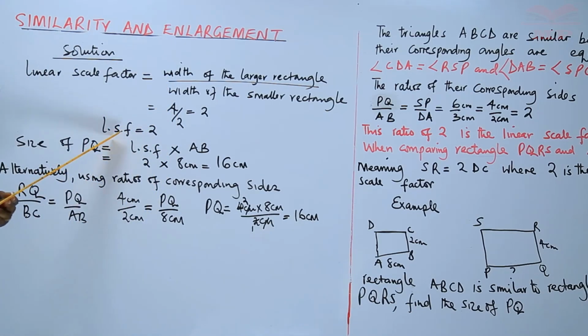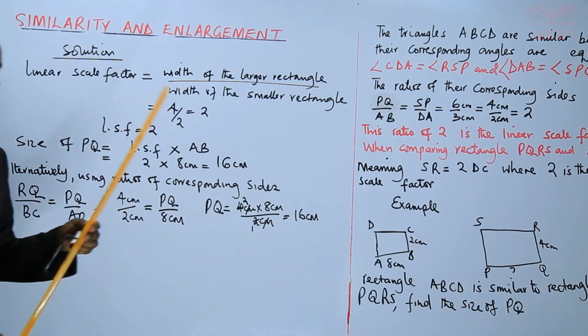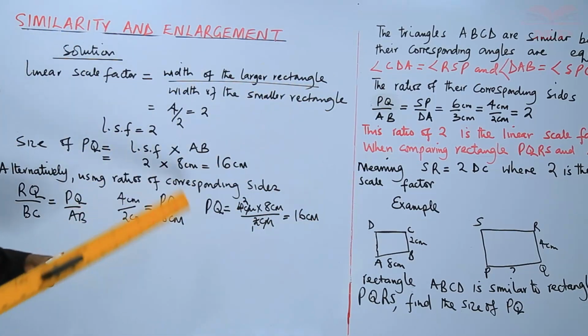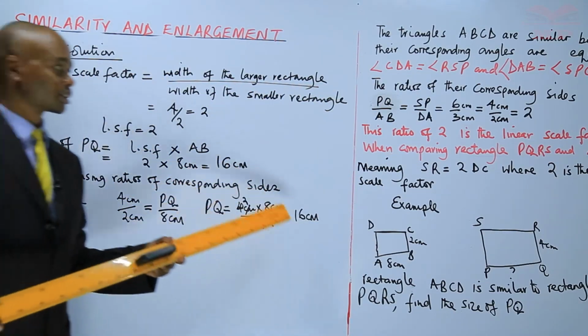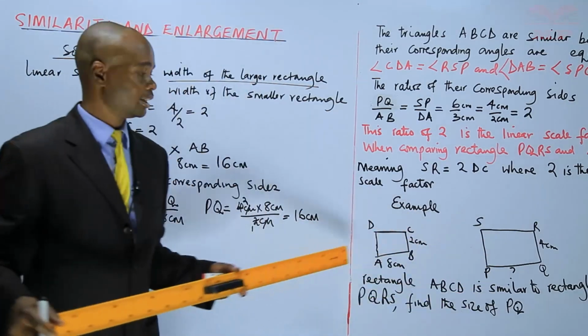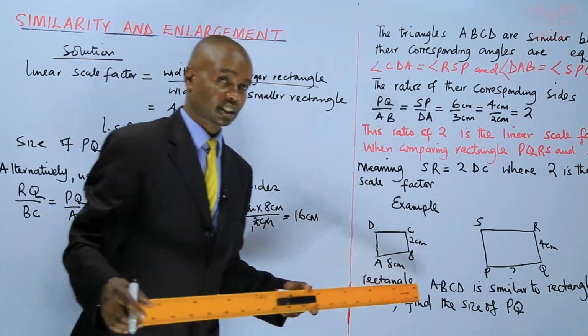As you understand the linear scale factor, you are also able to just use the ratios to get the value of PQ. As a recap, when we have two similar shapes, a linear scale factor exists to get the size of the second one.